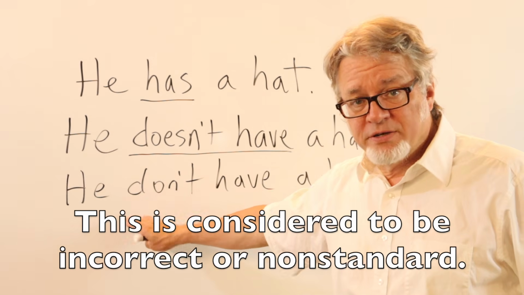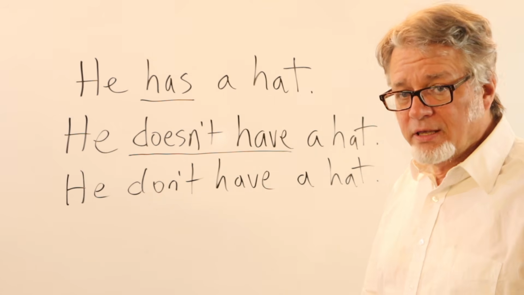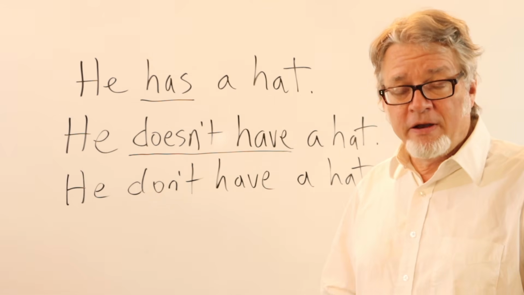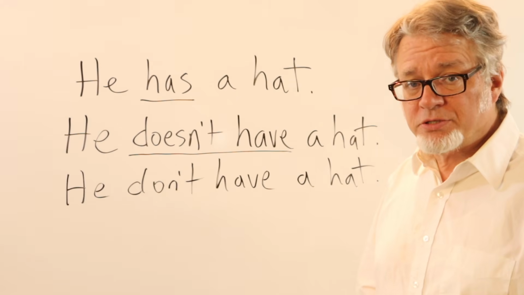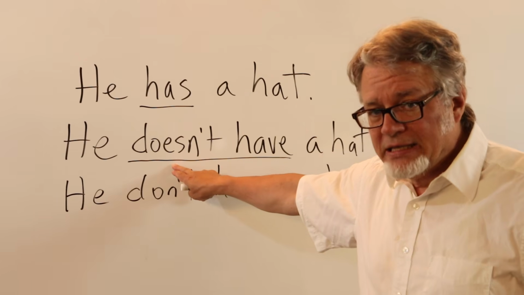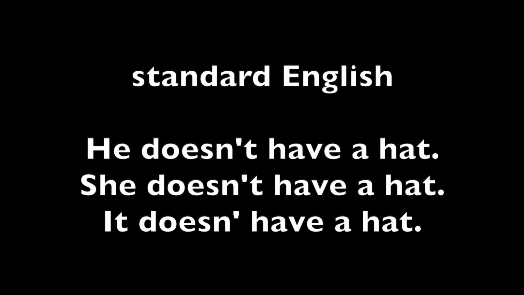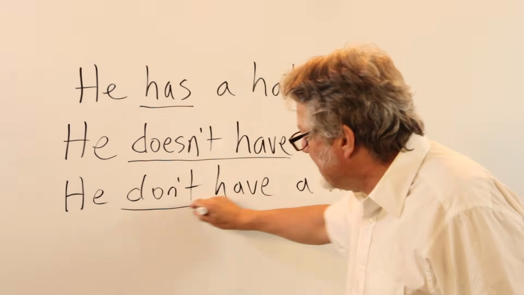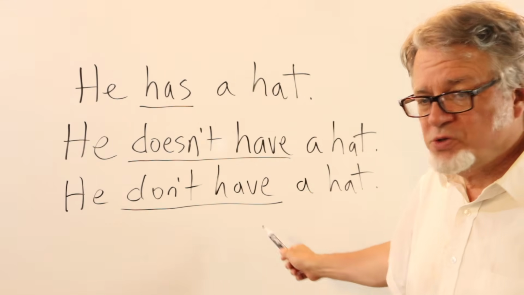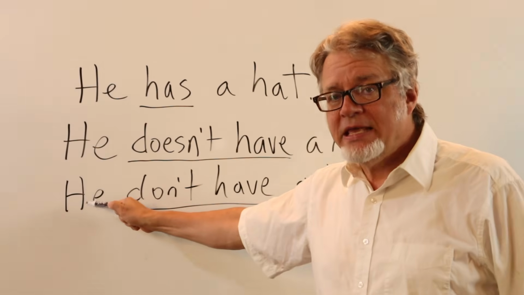This is considered to be incorrect or non-standard. It's common in some areas where people speak English. This is standard English using doesn't and have. This is non-standard English using don't and have when the subject is he.